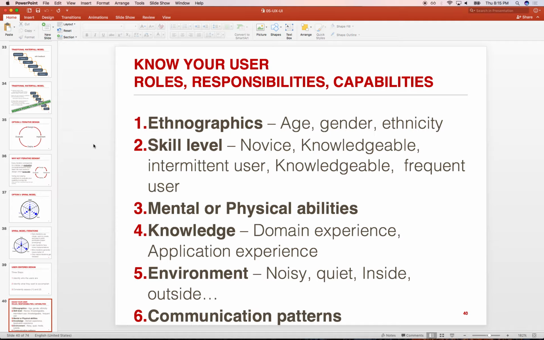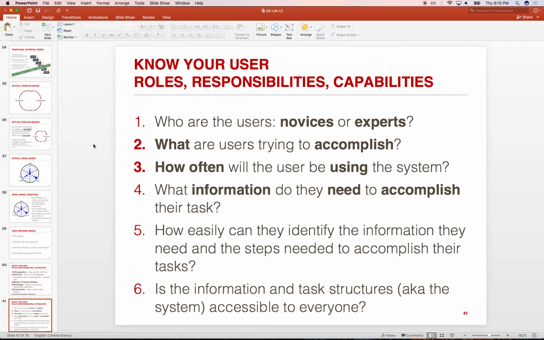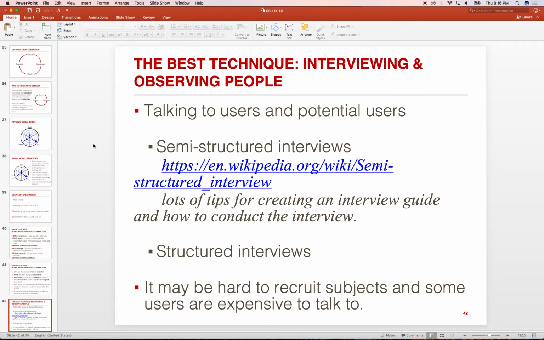What kind of environment they're going to be working in, communication with partners, and we would create a matrix of these users and all their capabilities, so that it would inform us and give us some context on what type of users we're talking about. For each one of them, we want to be able to answer, whether they're novices or experts, what it is that they want to accomplish, how often they've been using the system, and what goals they want to achieve.